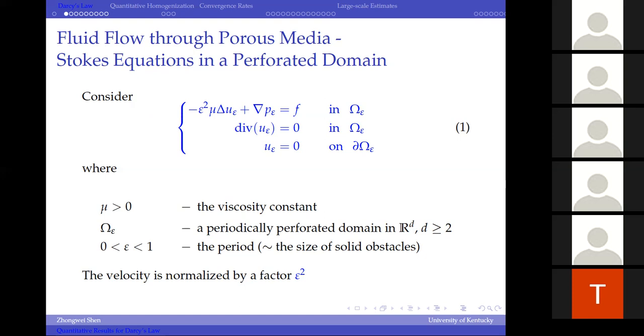The velocity actually is of the order of epsilon squared. It's fairly small. So for convenience, we put a constant epsilon squared before this Laplacian term. So the true velocity here is epsilon squared times u epsilon. That's the problem we're going to consider today.